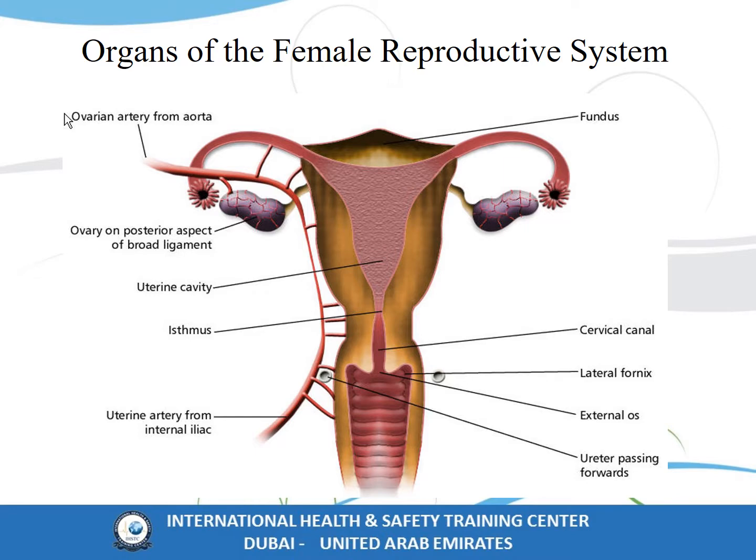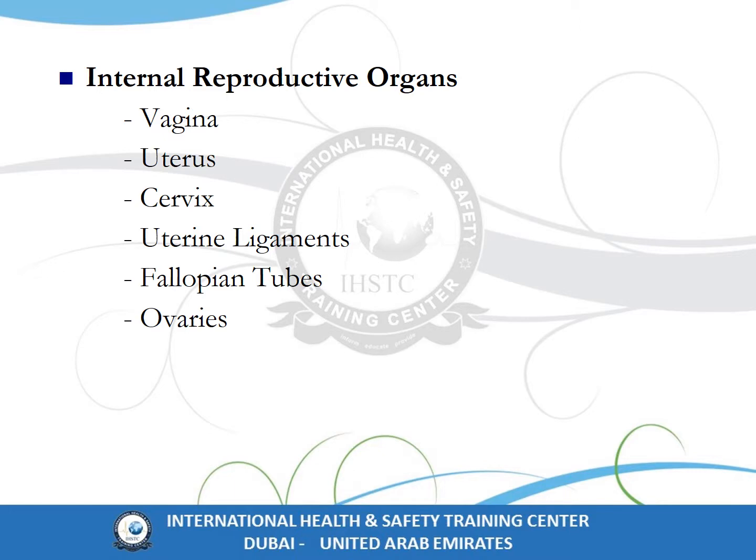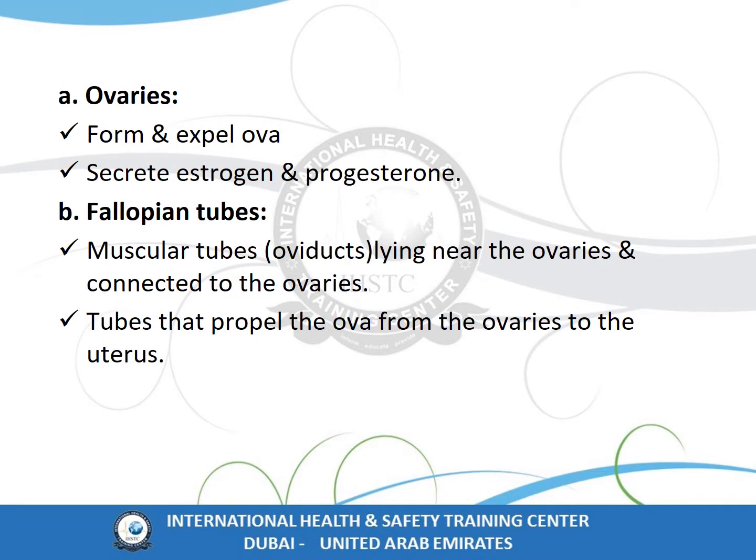Organs of the female reproductive system. The internal reproductive organs are the vagina, uterus, cervix, uterine ligaments, fallopian tubes, and ovaries. Ovaries, or female gonads, are located behind and below the fallopian tubes, anchored to the uterus and broad ligaments. The size and shape of an ovary is equal to that of a large almond.